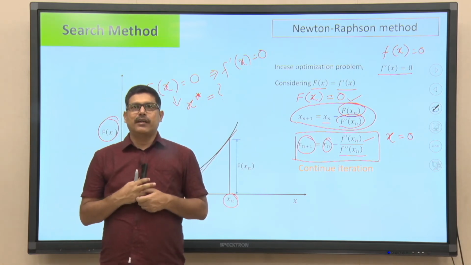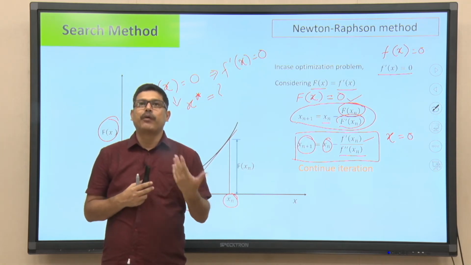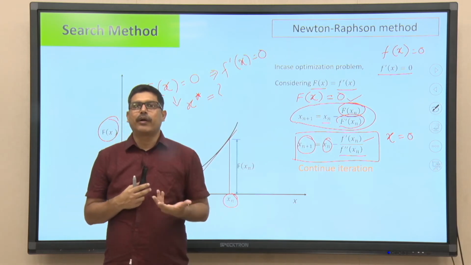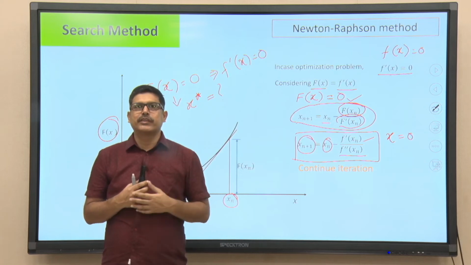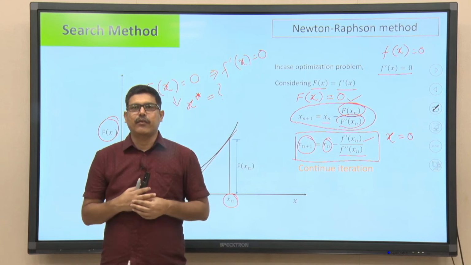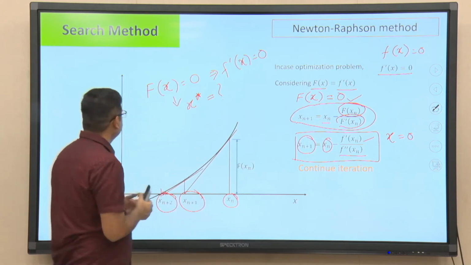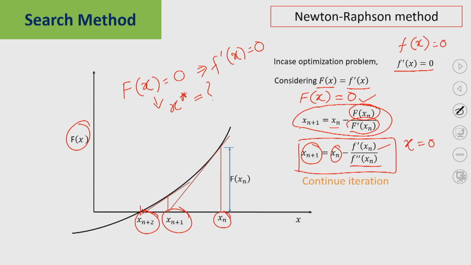Another point is that I can calculate the derivative using a numerical method. I can apply the forward differentiation technique, the backward differentiation technique or the central differentiation technique. Now, if you are applying the forward differentiation, what is that? Suppose I calculate the derivative of the function.